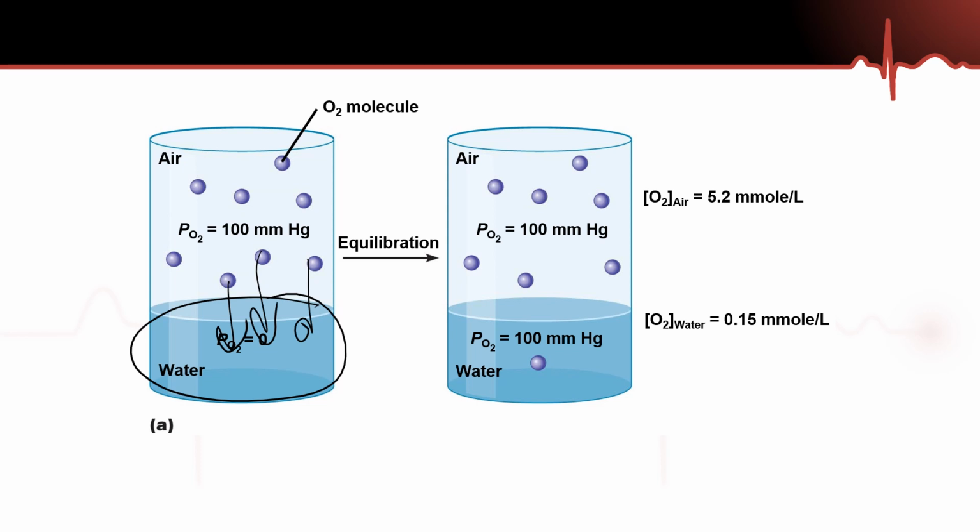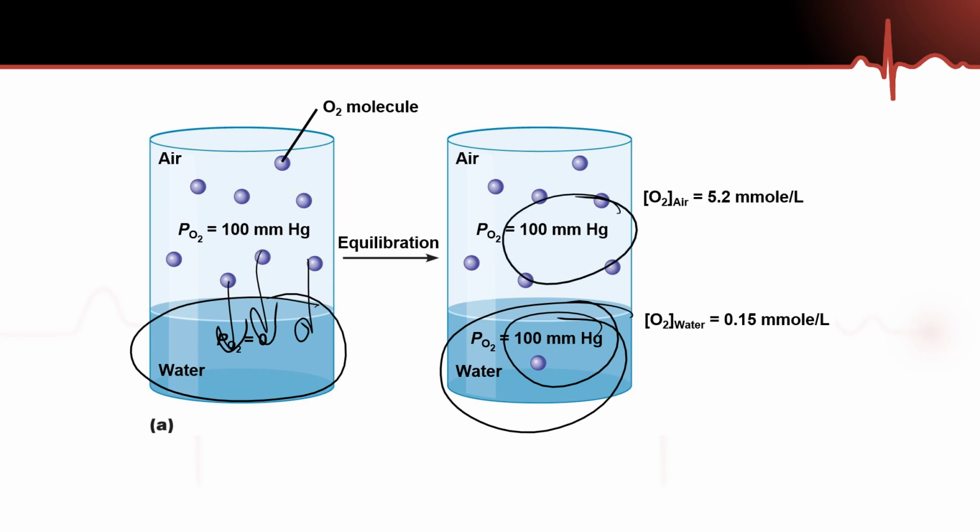What that will ultimately result in is the partial pressure of oxygen within the water, within the fluid, will rise to 100. But the partial pressure of oxygen within the air in the cylinder won't change at all. It'll stay at 100. And they will be at equilibrium when the partial pressure of oxygen within the air is 100 and the partial pressure of oxygen within the water or the fluid is at 100.